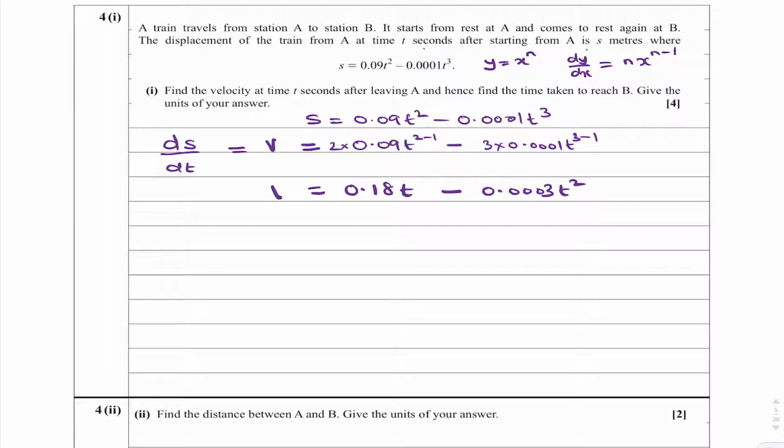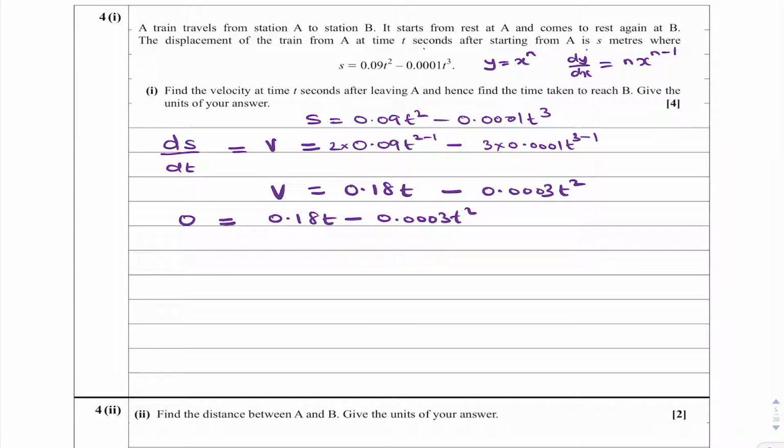And that's the velocity. But the final velocity is 0. The final velocity is 0. So therefore, we need to equate this to 0. So I get 0 equals 0.18 t minus 0.0003 t squared.